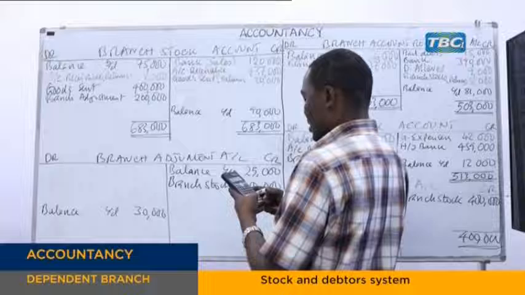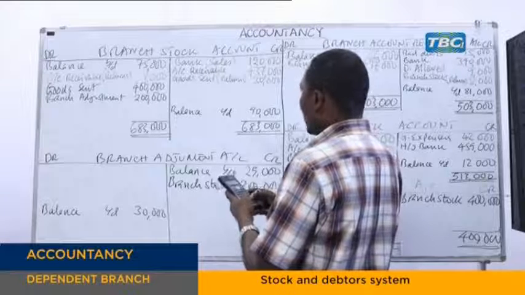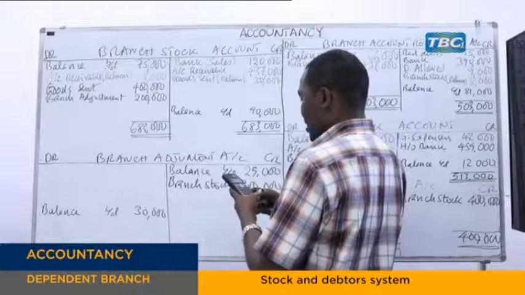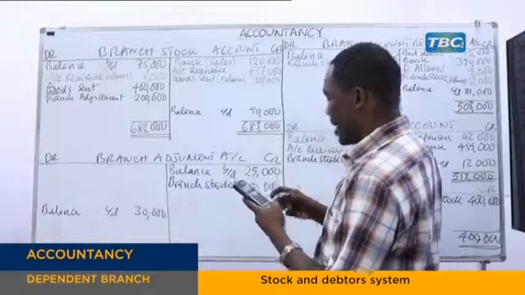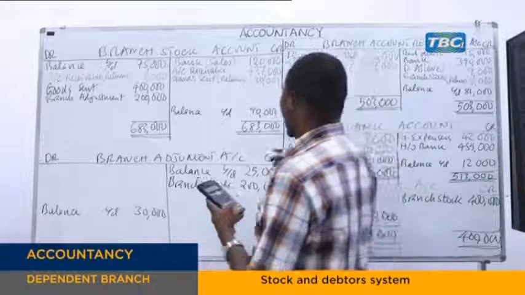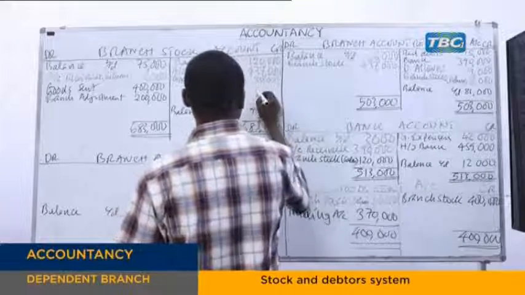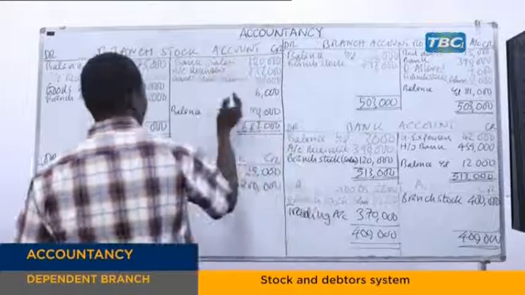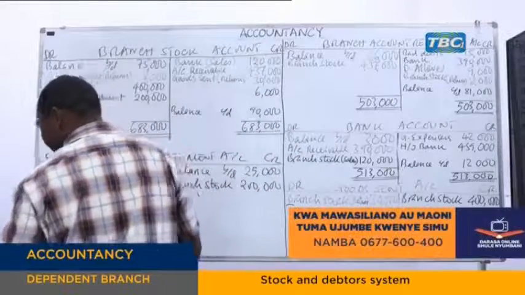Less 120 less 437 less 30,000. Yes, we have 90 here. Less 90. Okay, so we have 6,000. That was the deficiency.